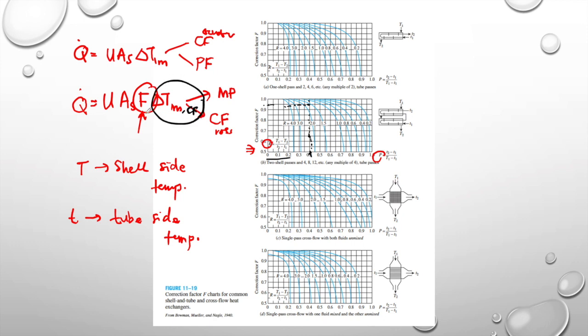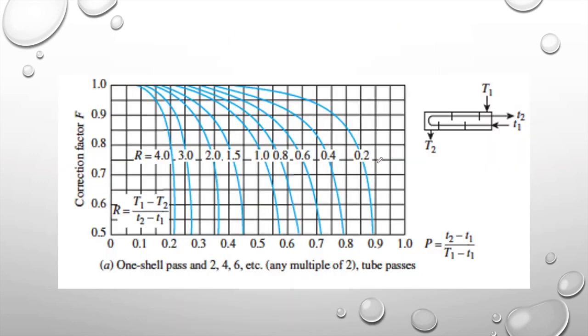What we have to do now is find the correction factor. Since we have to correct the value from the counter flow delta T log mean, we have to provide the correction factor. How to find it? From this figure, you have to find the R value and P value, so we have to find these two values first.